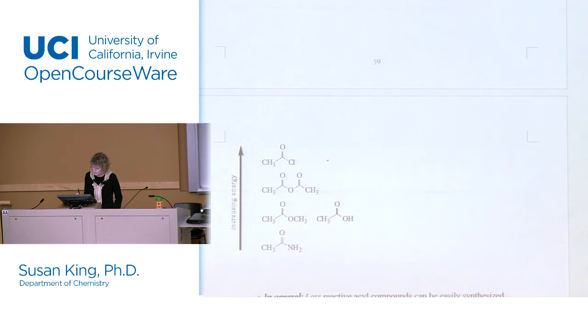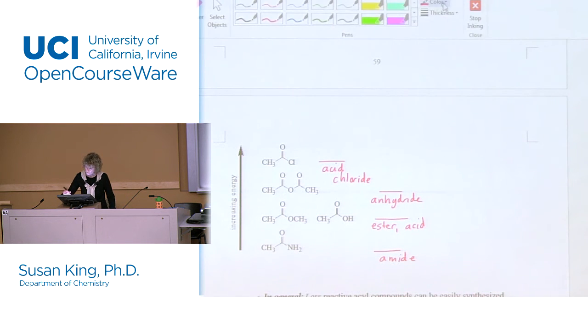So we start here. This is energy level. Here's our acid chloride. And so then these are the various other different energy levels. This is really not to scale, but here we have anhydride energy level. We have ester and carboxylic acid, so ester and acid. And then we have amide. And it's easy to go downhill.